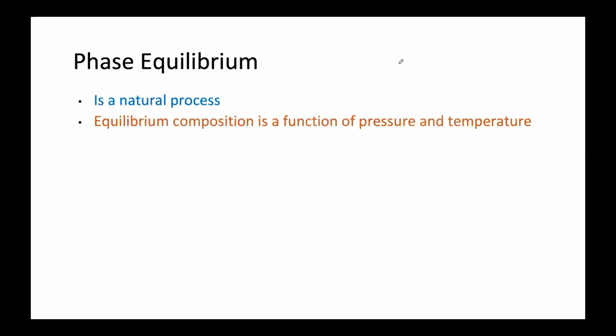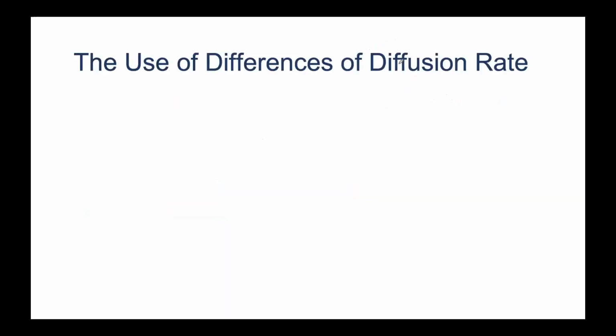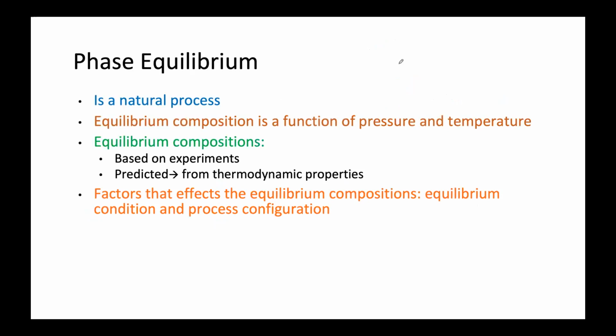Okay, so from those three examples of separation, just put it there. So for phase equilibrium, it is a natural process. We can't deny that, and we will do everything we can to use that force.